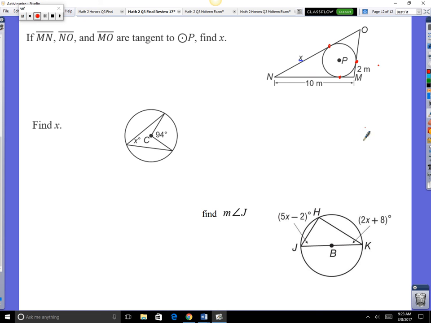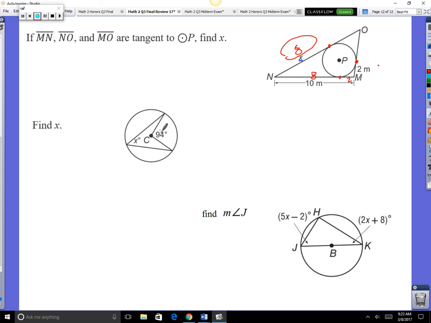I know that MO is tangent, so M to that point is 2, so M to this point is also 2. And that means N to this point has to be 8, because N to M is 10, so it's got to be 8 plus 2 is 10. So N to this point is 8, and N to this point has to also be 8. So x has to be 8.